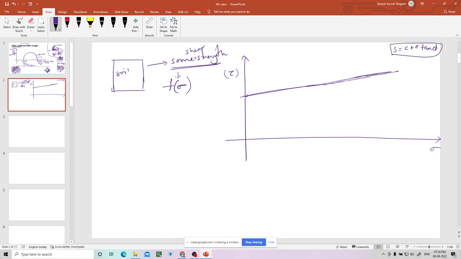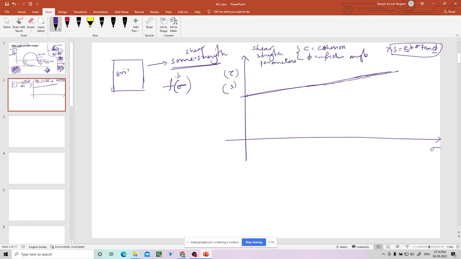What is S? S is shear strength, or tau you can write, and sigma is normal stress. C is the cohesion, whereas phi is the friction angle. These two are shear strength parameters.